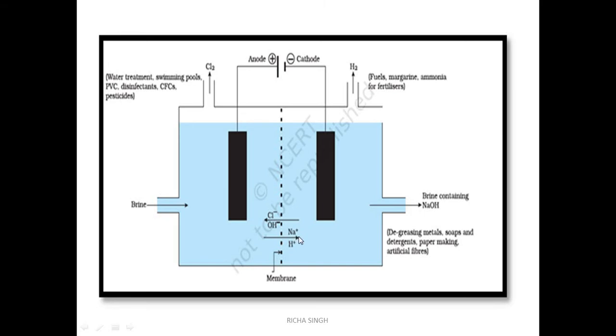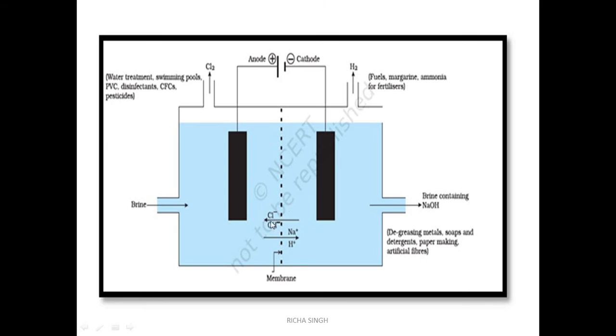H plus ions, because they need to get stable, will go to the cathode where they gain electrons and get reduced to H2, that is hydrogen gas, because H2 is more stable than H plus. Similarly, Cl minus and OH minus ions.